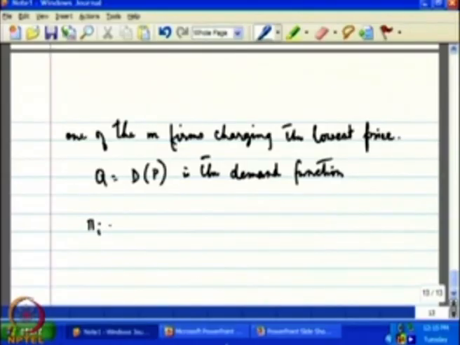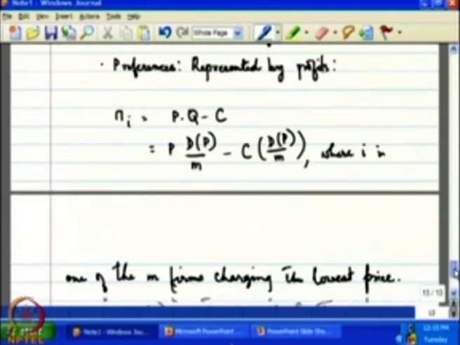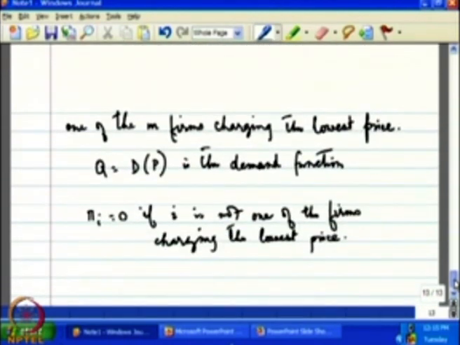If not, then what happens? Pi I is equal to 0 if I is not one of the firms charging the lowest price, then I is not getting any demand in the market. In that case, it does not produce any output.